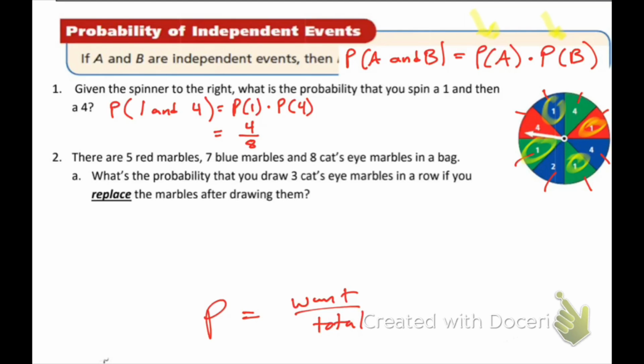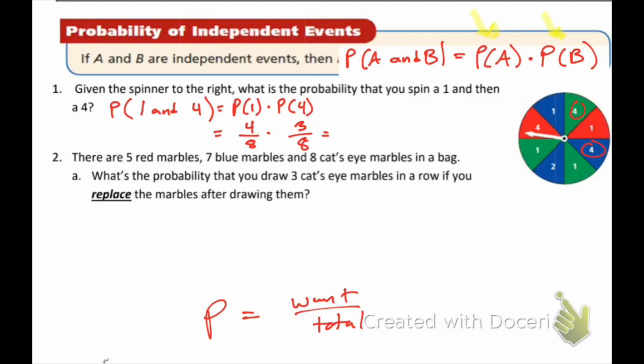So I'm going to multiply that by the probability that I get a 4. I still have 8 total sections, and I have 1, 2, 3. 3 out of the 8 spaces are 4s.